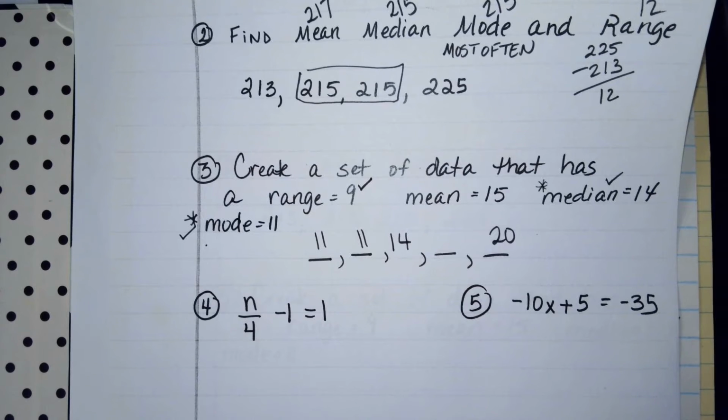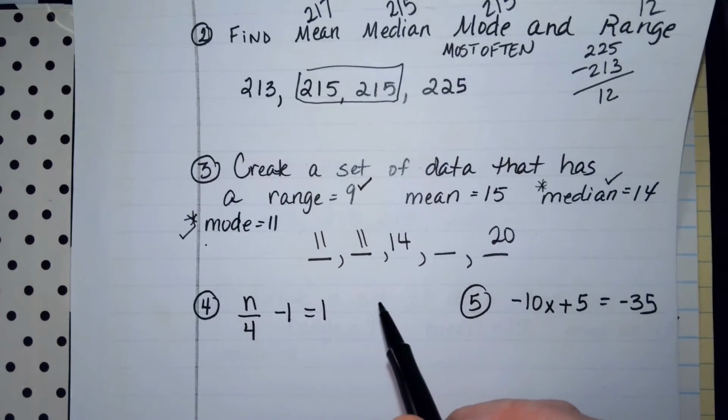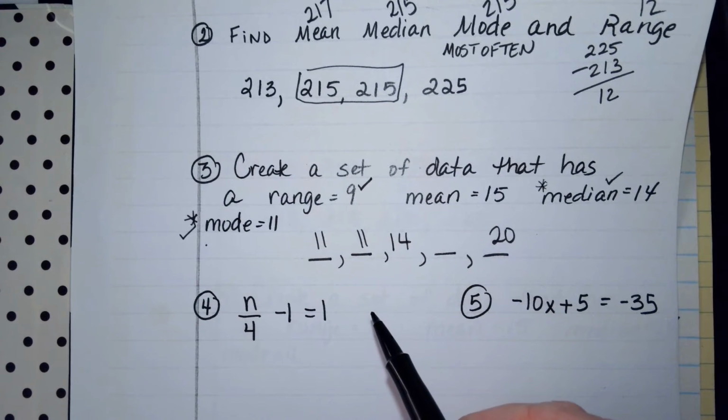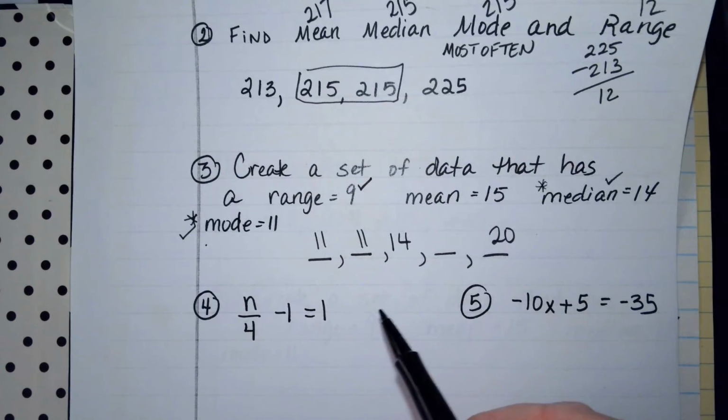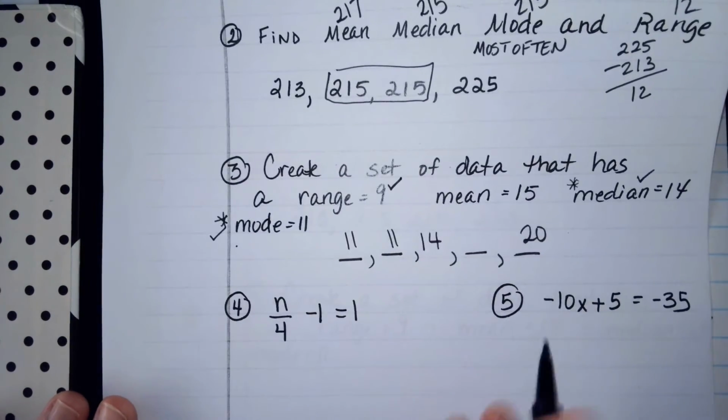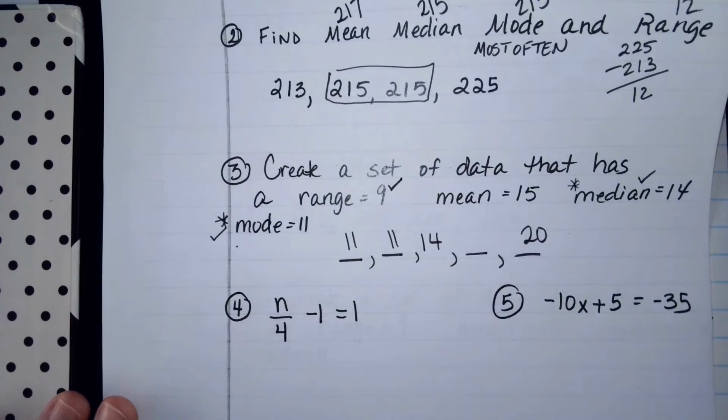I might be able to make it have a mean of 15, and I might have to adjust my numbers. I don't know. How in the world am I going to figure out if it has a mean of 15? Like, what's the process for that? It's adding them all up and dividing by what number? 5.